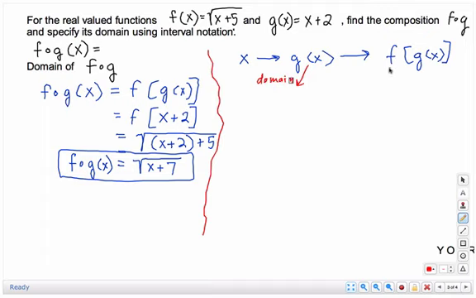And then remember what I said, then we find the domain of f of x, and then we're going to use that to help us to find the domain of f of g of x. Okay, now to do that, we're basically going to find any restricted value we have here and replace that x with the g of x.